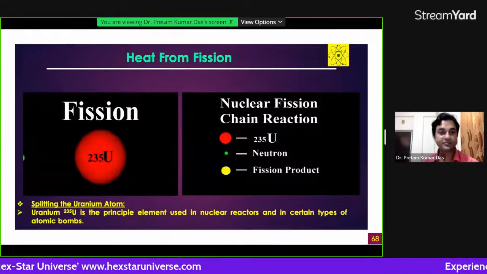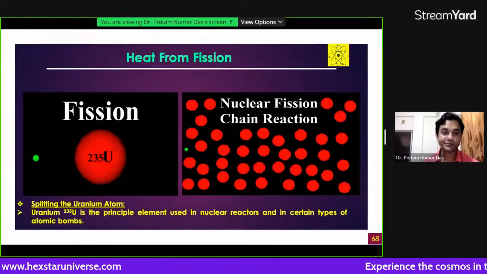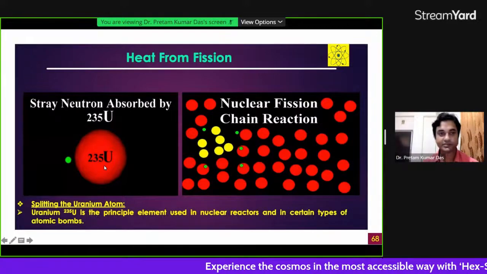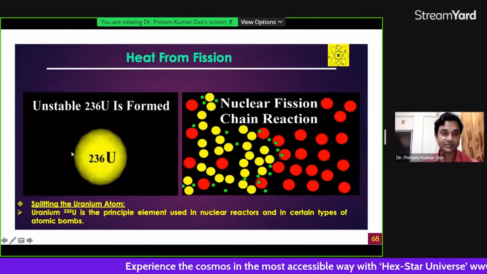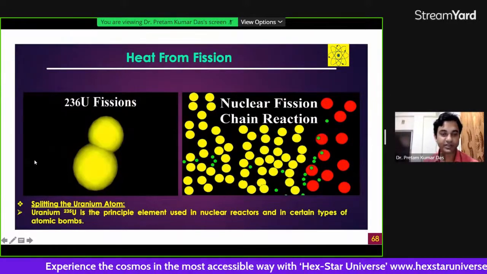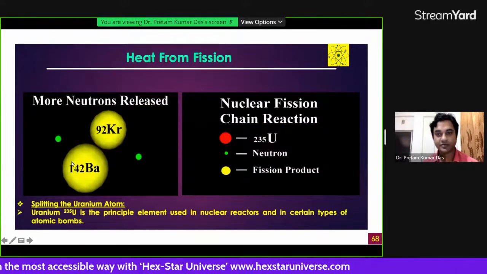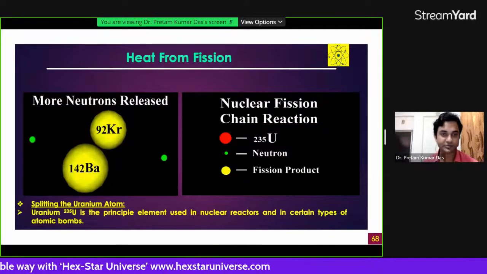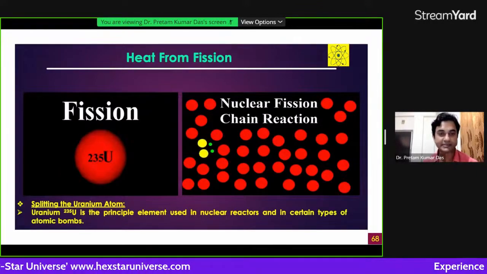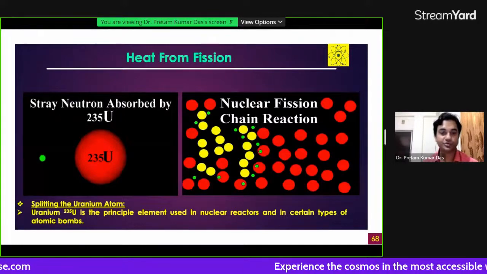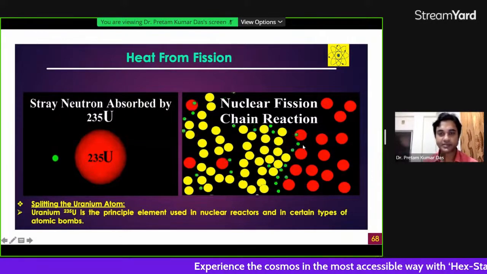This is the same figure I explained in an earlier slide. Inside a nuclear reactor, the basic nuclear reaction is this: when a thermal neutron comes to uranium-235, first it forms a compound nucleus 236, and then it breaks into two nuclei, and this is the chain reaction.